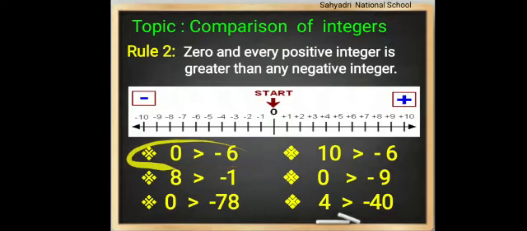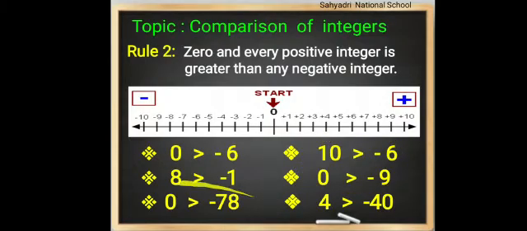So every negative integer is less than 0 or 0 is greater than any negative integer. 8 is greater than negative 1. Here one number is positive and the other is negative. Thus positive number is greater than negative integer. Similarly, 10 is greater than negative 6 and 0 is greater than negative 9.